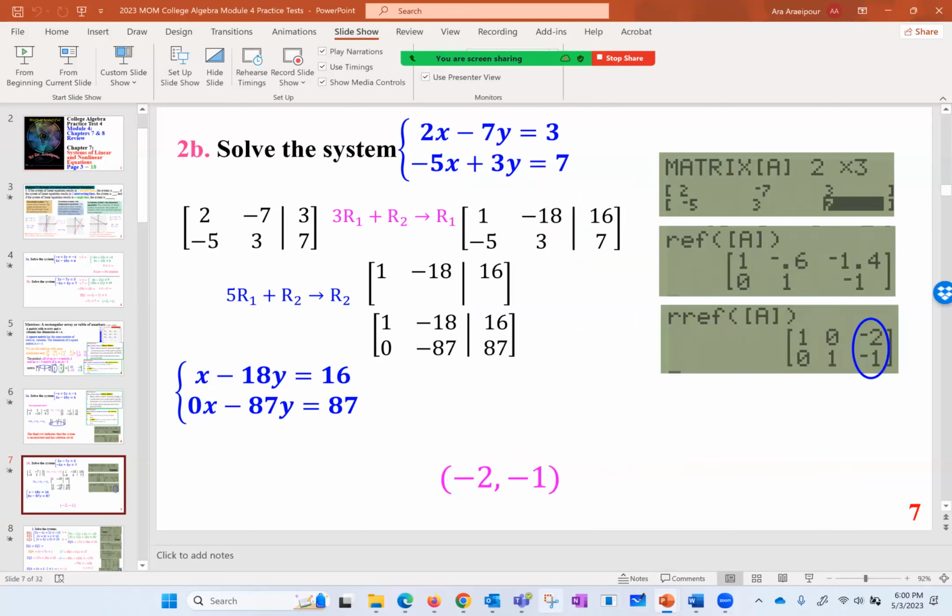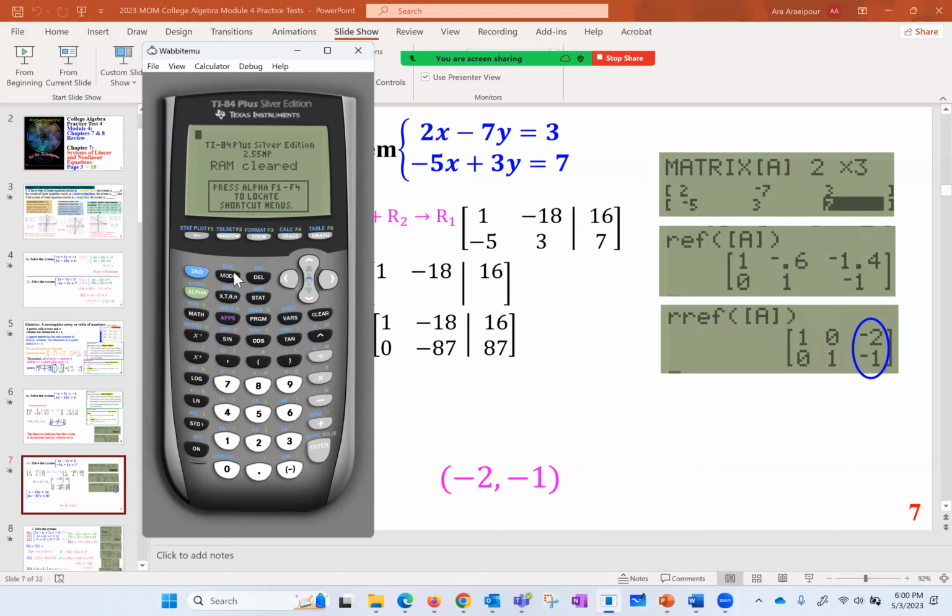Again, to quickly show you, we go with a matrix editor here. So I go with second and x to the power of -1.